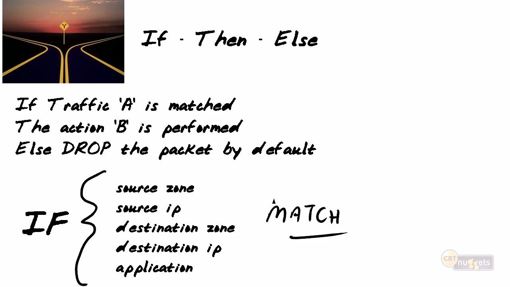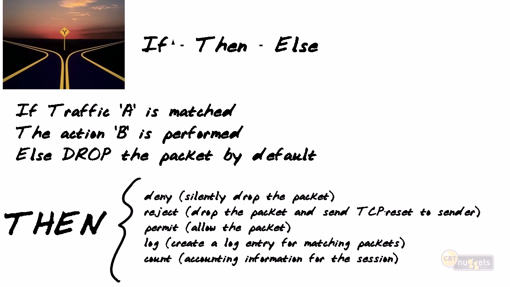Now, if there's a match, then is going to kick in. Let's take a look at that. So, if there's a match, we can deny, which is to silently drop the packet. Or we can reject, which also drops the packet, but it's going to send a TCP reset to the sender. Now, often we want to choose the deny option as opposed to the reject option, because this sending of a TCP reset back to the sender can actually be part of a denial of service attack.